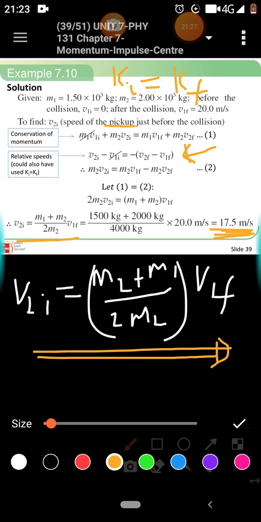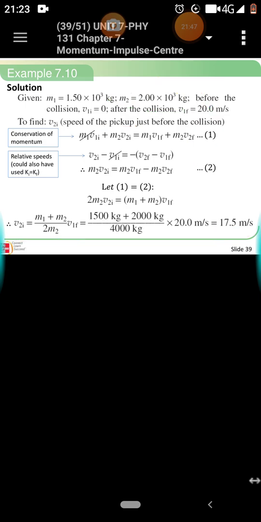So I would prefer you using this method much as it is, but with practice you can do the calculation faster. So I prefer you using this conservation of kinetic energy, and then yes, you will get the same answer.